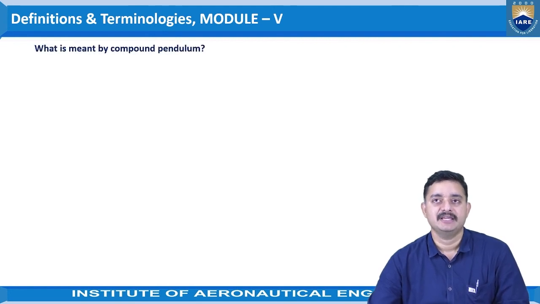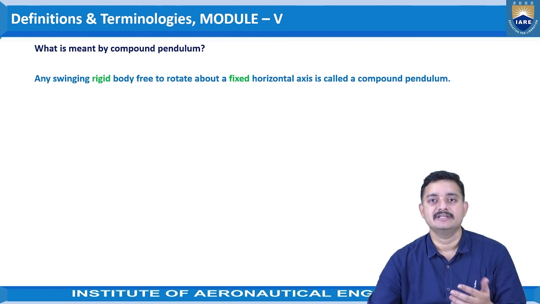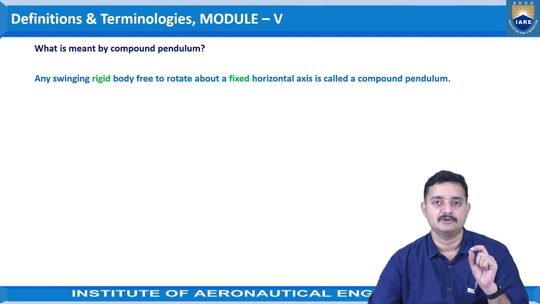Next, what is meant by compound pendulum? Any swinging rigid body free to rotate about a fixed horizontal axis is called a compound pendulum. The best example would be a steel rule that is hung against a wall on a nail.